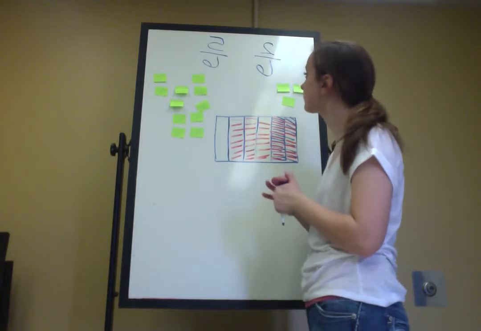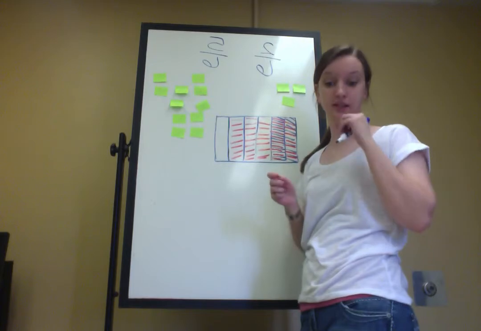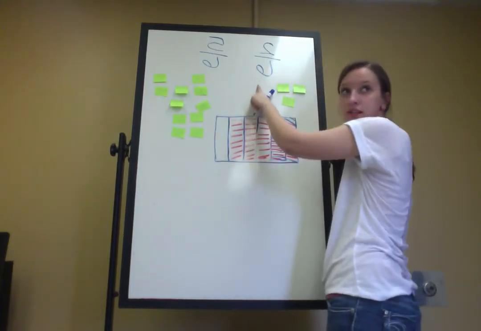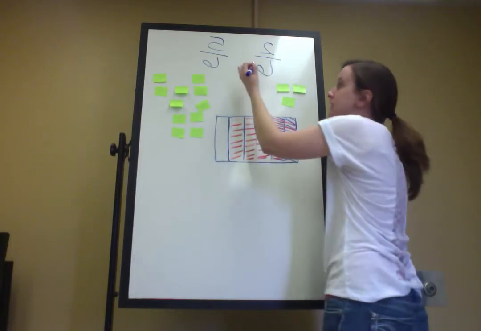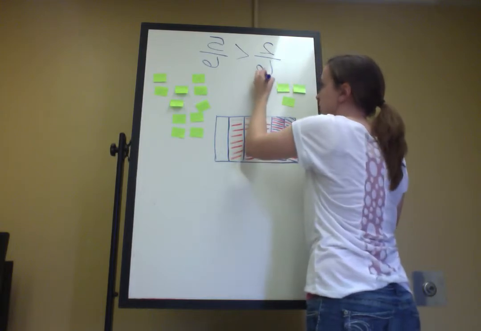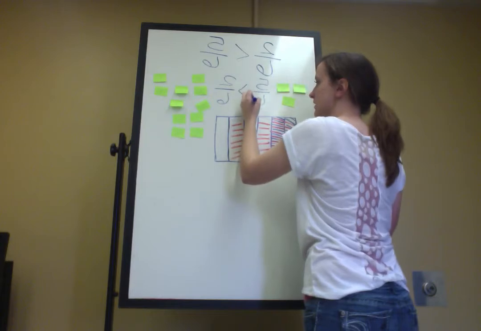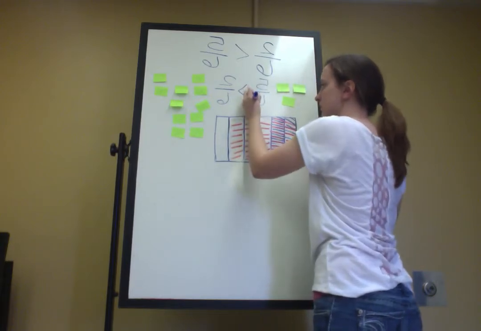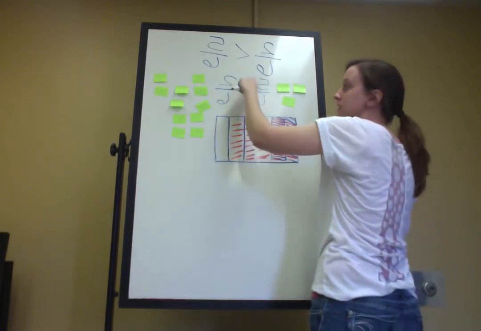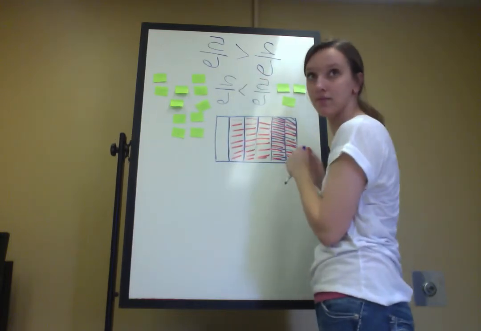So how would I write the less than, greater than, or equal to statement? 2/6 is less than, good job, 5/6. Again, what if I switch it and say 5/6, 2/6? Is that right? It is, because the 5/6 is on the big end, 2/6 is on the small end, saying the exact same thing.